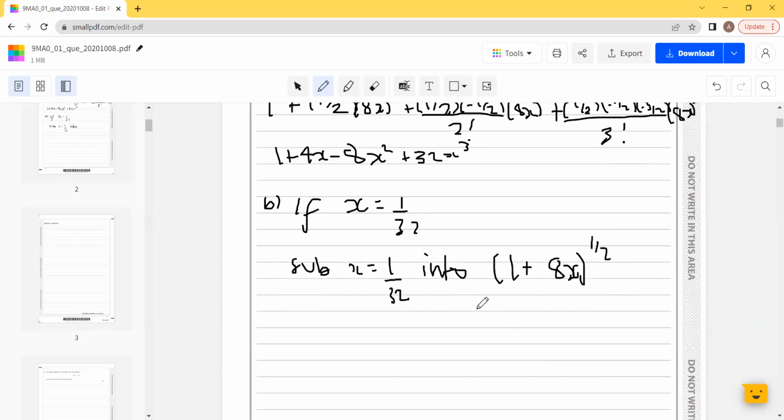Then we'll get 1 plus 1 over 4 and the square root of that. So this is the square root of 5 over 4, which is root 5 over 2.